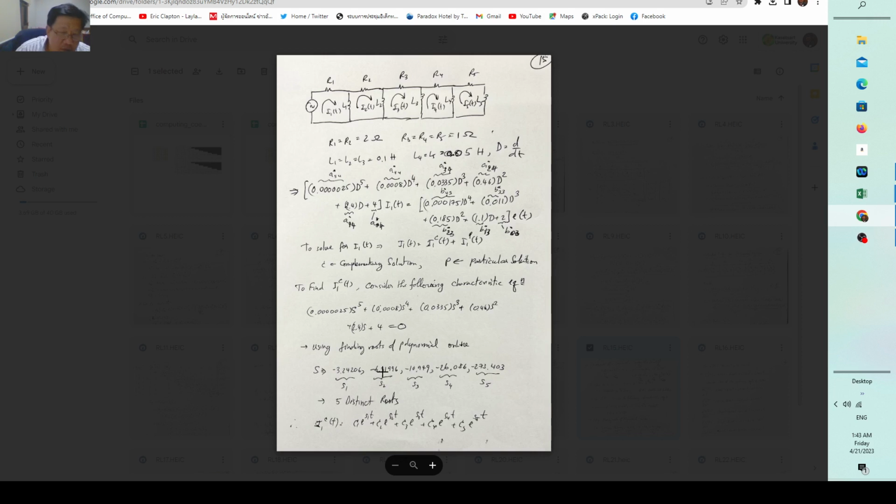Just like if I put an ammeter to connect with I1 here and monitor I1 of t, when you look at a digital meter, once you make a measurement, the result is going to hang for a while. It's not going to say right away, okay, this is the value. It's going to take some time before it stops and shows you the exact value.